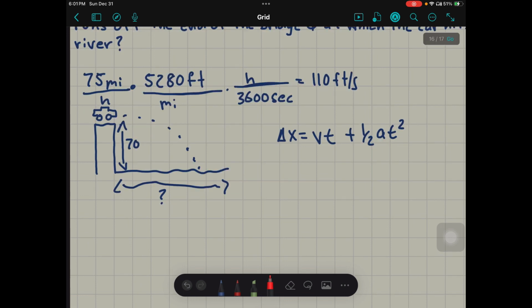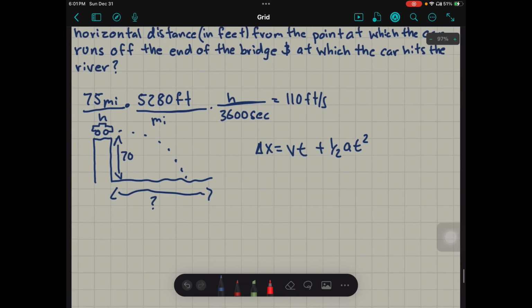Now that we got that out of the way, we can get the y components and solve for t. So we have delta x, which equals 0 minus 70 feet, because when it's at the bottom, it's going to be 0. So x final is going to be 0, and x initial is going to be 70.